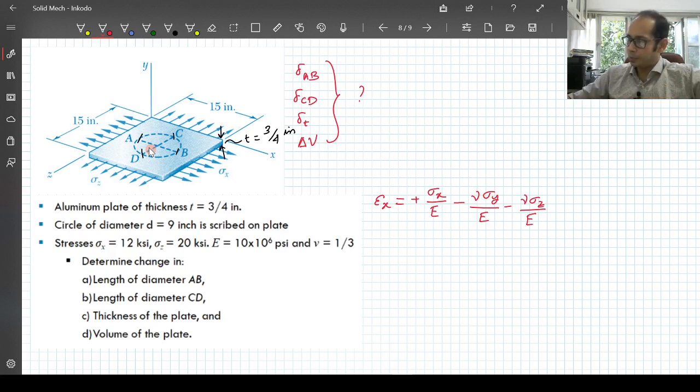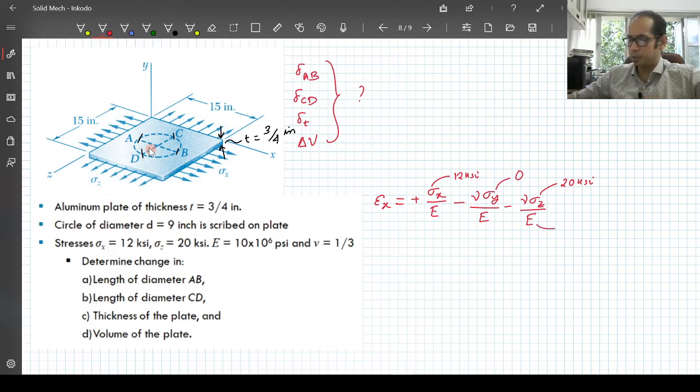So here, remember, my sigma x is already given as 12 ksi. Sigma y is 0, there is no force in the vertical y direction, and sigma z is already given as 20 ksi. And you also have the value of E, the modulus of elasticity, which is the same along all directions, direction independent.